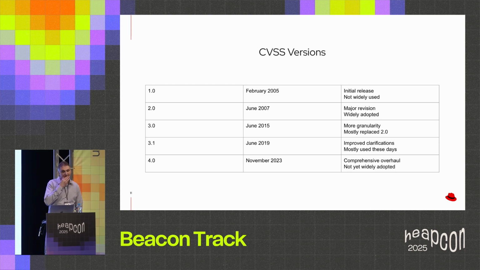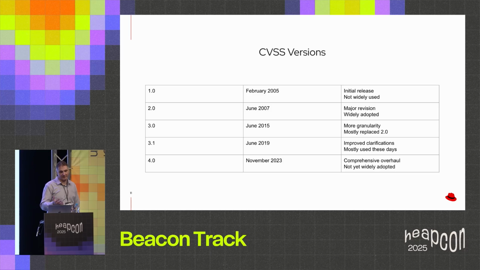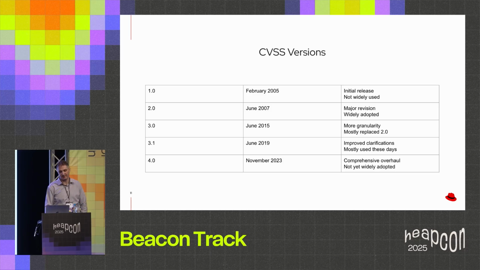And the idea with every new version and every revision is to improve how we do this scoring and to be more precise, to be able to better explain with a number what's going on in the vulnerability.